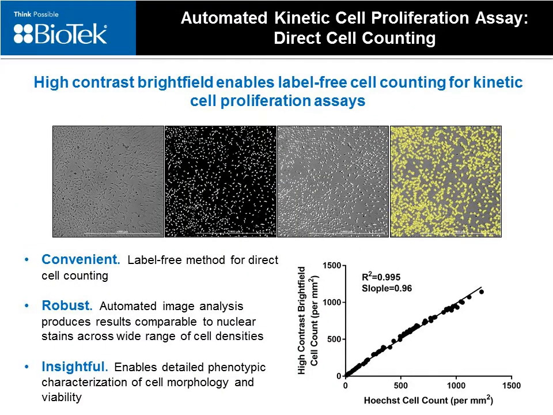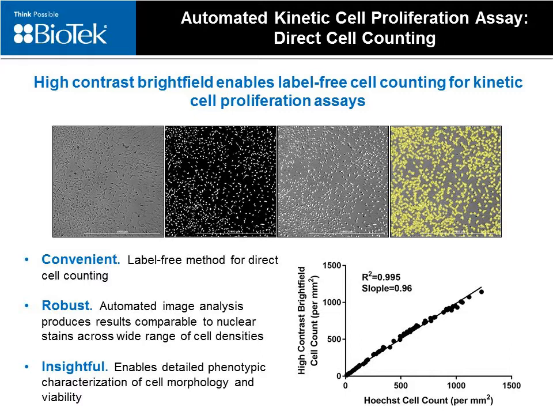For this reason, we've developed a convenient and automated label-free method for cell counting using high-contrast bright-field imaging. This method is illustrated in this panel of images, in which each of the cells shown in detail in the first image on the left can be made to produce a discrete bright spot of light against an almost black background seen in the second image.